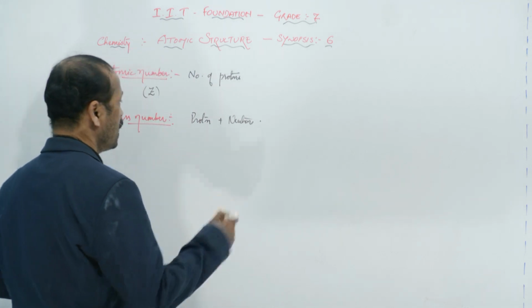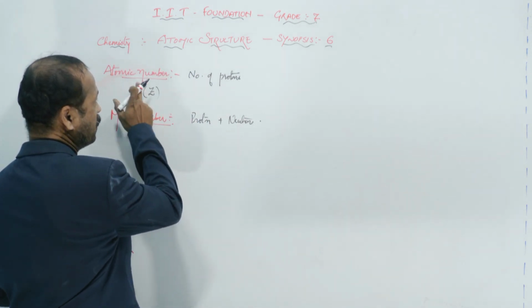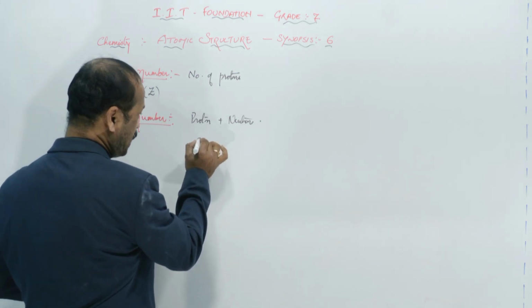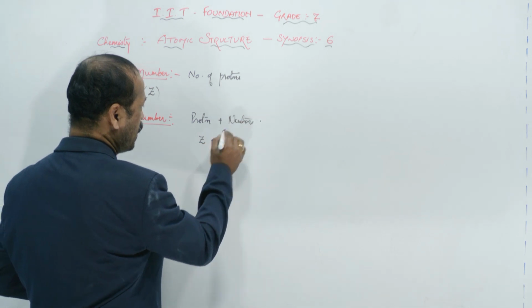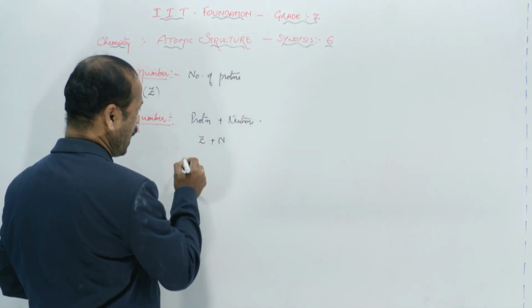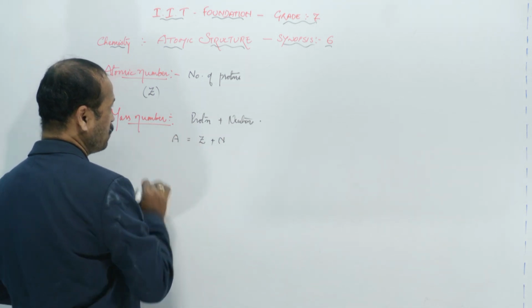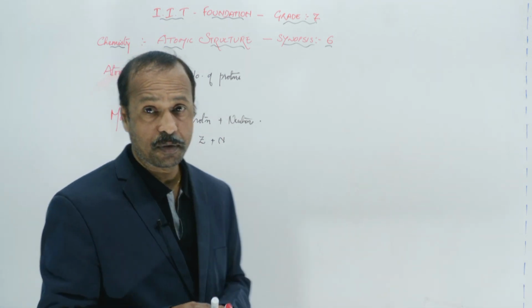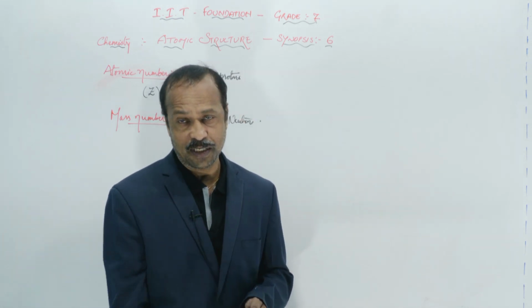So here, students, the number of protons is denoted by the atomic number, which I said is denoted by Z. I can write the number of protons, Z, plus the number of neutrons, denoted by N, which is equal to the mass number, and the mass number is represented by A. A is equal to Z plus N. What is Z?